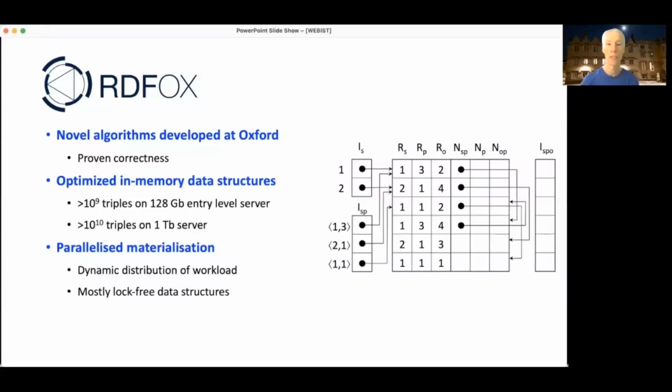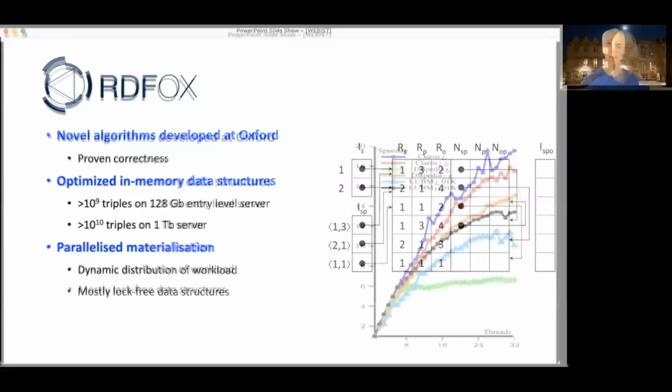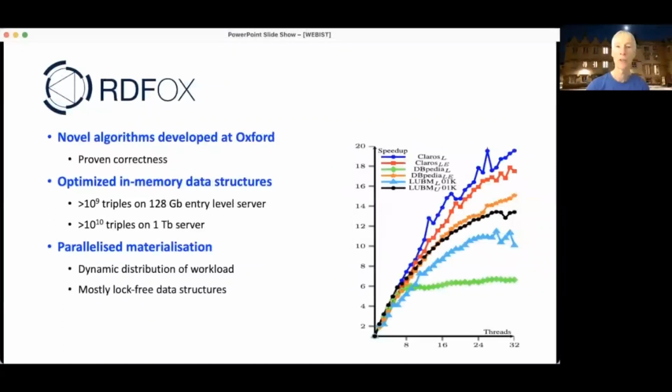In order for this procedure to be efficiently parallelized, RDFox's data structures allow for updating with minimal locking. An evaluation on some standard benchmark data sets showed that RDFox can achieve speedups of up to 20 times on a 16-core machine with 32 threads.